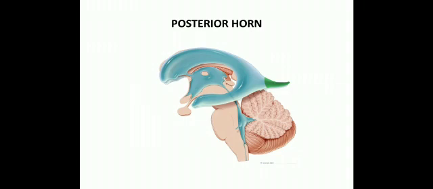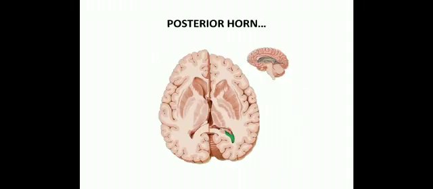The posterior horn of the lateral ventricle lies behind the splenium of the corpus callosum and extends into the occipital lobe. It is directed backwards and medially. Here you can observe the posterior horn situated in the occipital lobe.